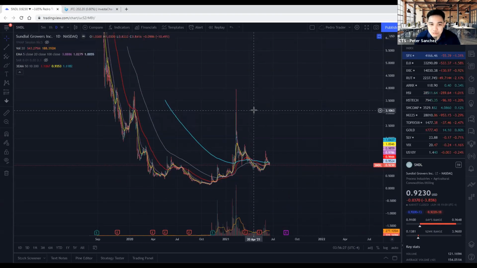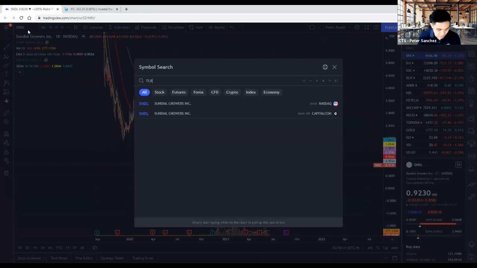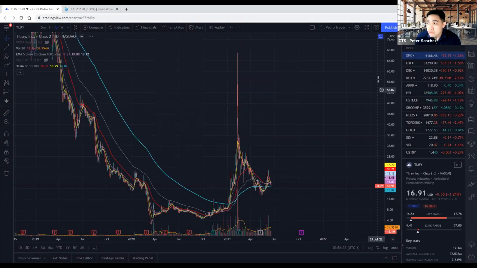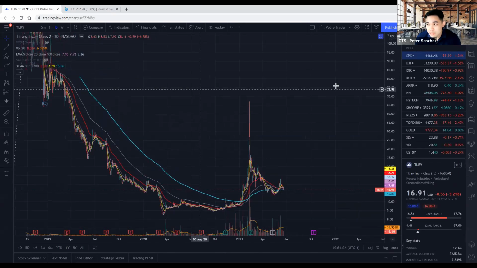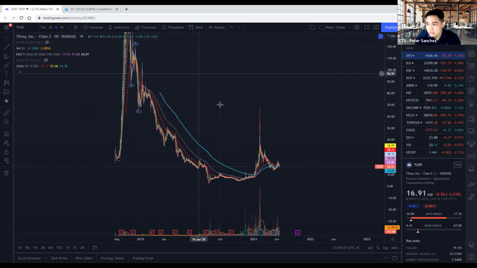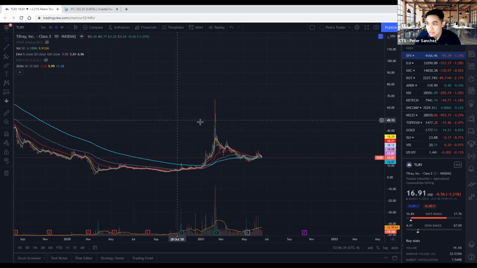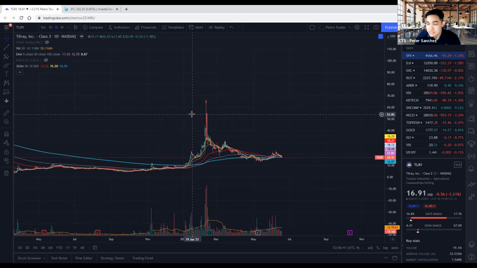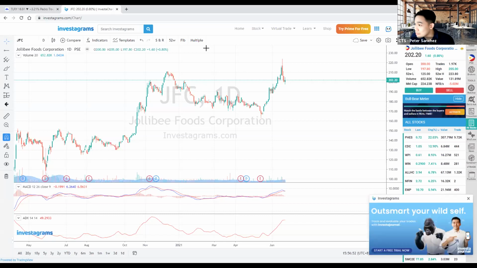So, bakit ka sasabay sa mas mahina na nga sa market? No? Same with Tilray. Pwedeng mas malaki yung reward niya since it could be a reversal. No? Pwedeng may reversal na mangyari. But easy money nandun sa uptrends, at least stronger than the market. No? Okay.